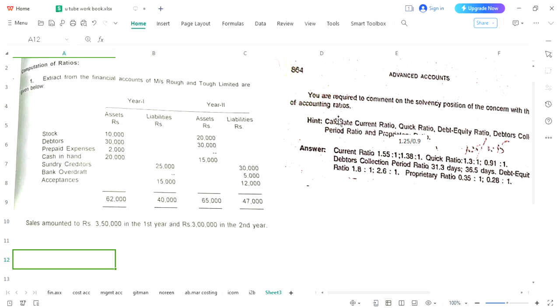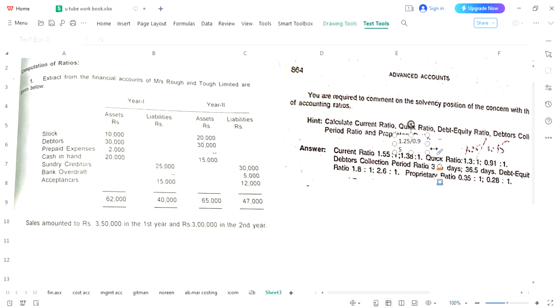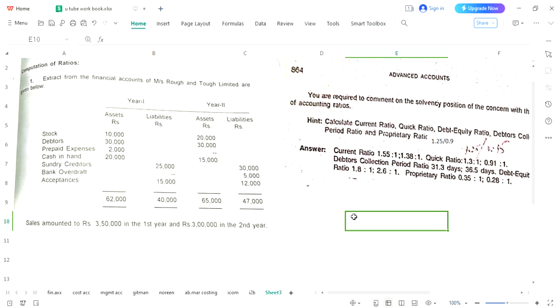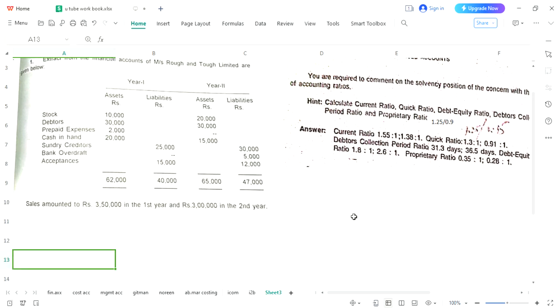In this question, it has already been described which ratios we need to calculate: current ratio, quick ratio, debt equity ratio, debtor collection period, and proprietary ratio. So we will simply pick these headings from here and solve the question.